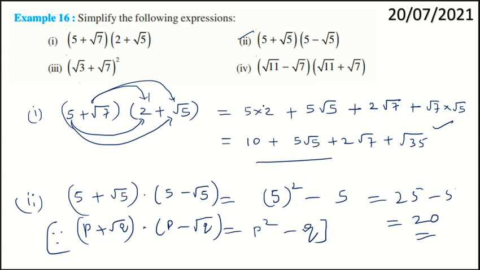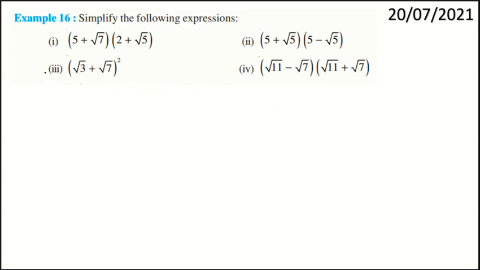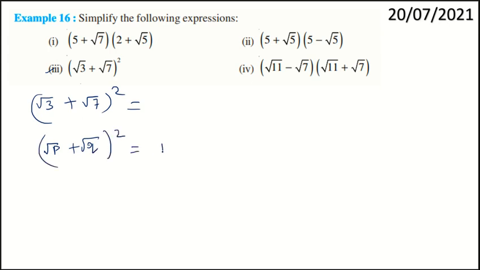Moving on to question number 3. Root 3 plus root 7 whole square is using the identity root p plus root q whole square, which is p plus 2 times root pq plus q.